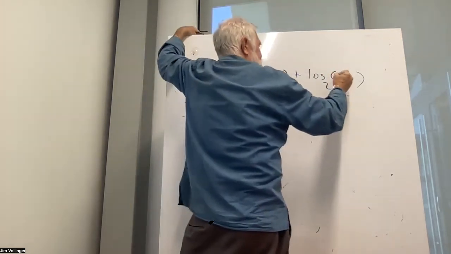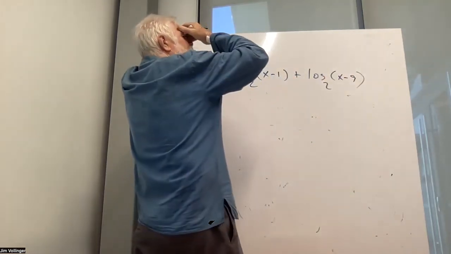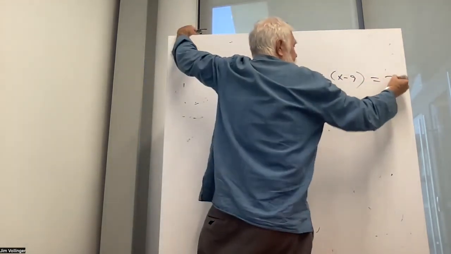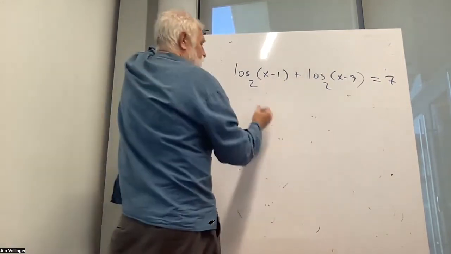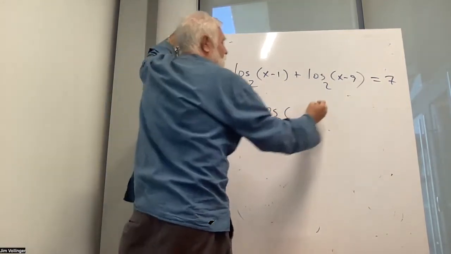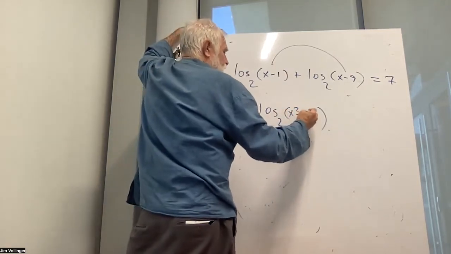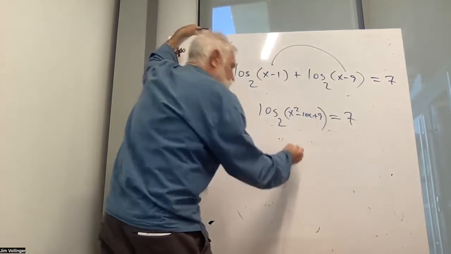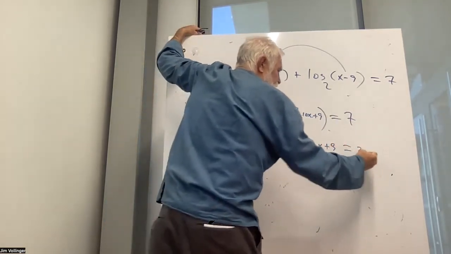If I make this 17 and I subtract 9, 3 and 4, that's 7. So this should be an integer answer. All right, so what do we got? We got log base 2 of x squared minus 10x plus 9 equals 7. Okay, not too bad. So x squared minus 10x plus 9 equals 2 to the 7.